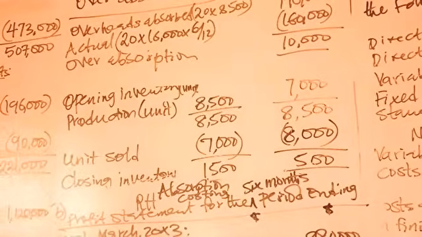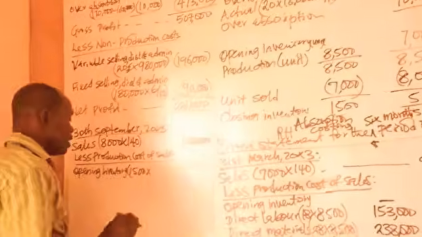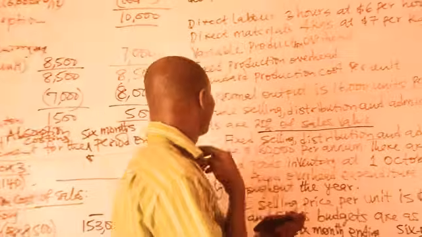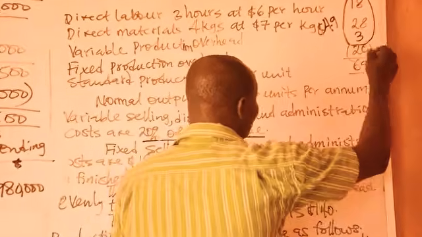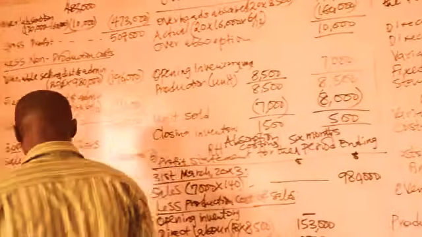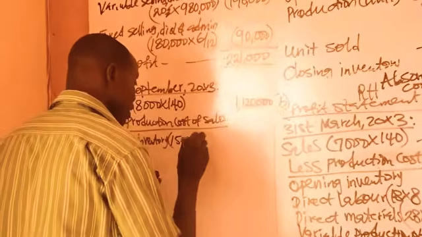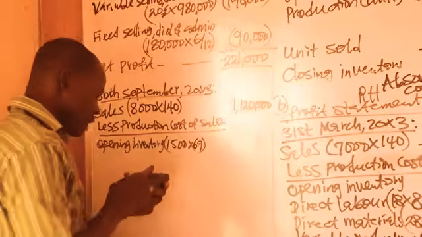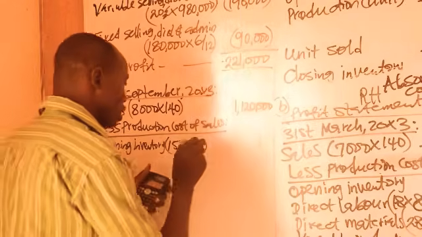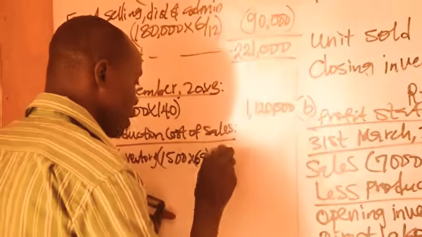You value it at the total production cost of sales. I've told you that this time around your fixed cost will be considered, so you have 69. It is under marginal that you don't consider the fixed cost. 1,500 times 69 will give us 103,500.